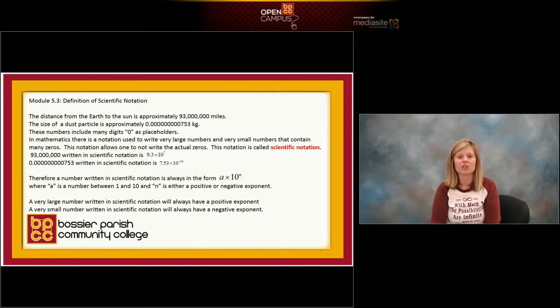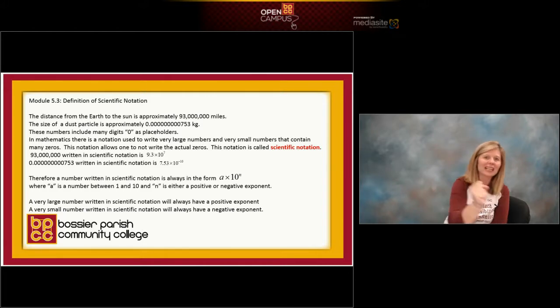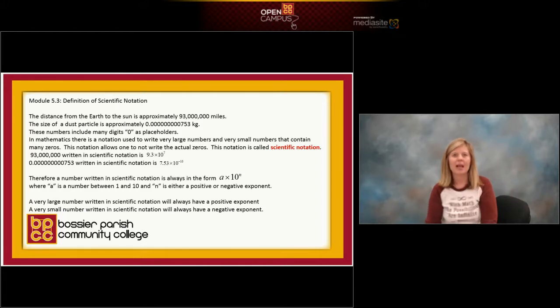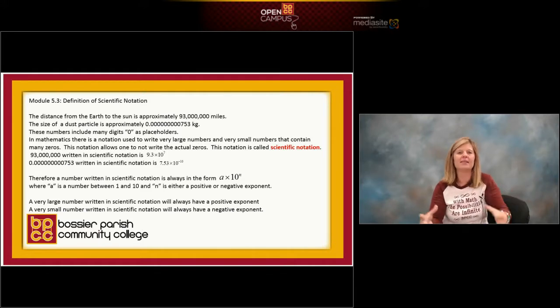In our other number for the dust particle, 7.53 times 10 to the negative 10, because your exponent's negative, that's taking the decimal point in 7.53 and moving it to the left 10 positions. Anytime a number is written in scientific notation and your exponent's negative, it means the decimal point went to the left and it made a decimal value.